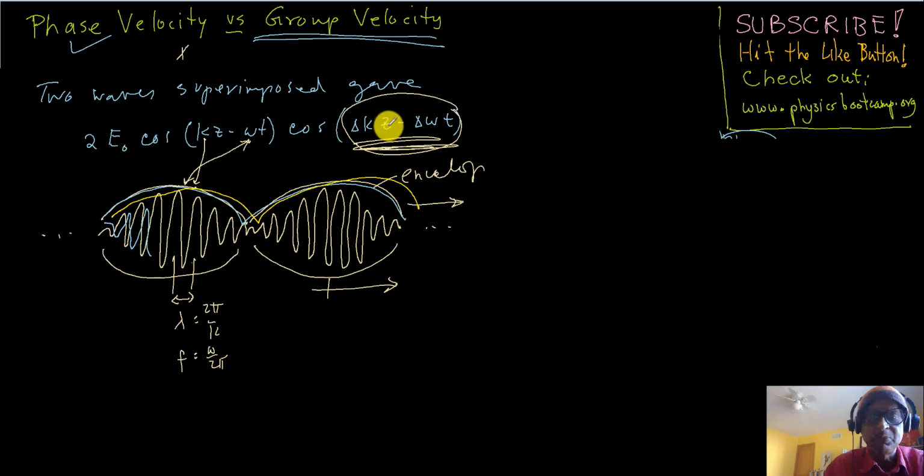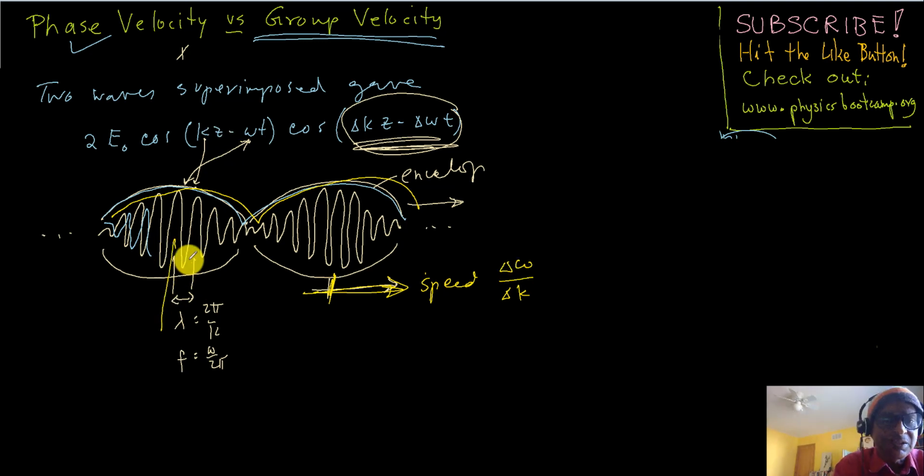If you do that study, this packet moves at speed delta omega over delta k. These little oscillations, they are moving between here and here, at the speed given by that phase. And this is the modulation part.